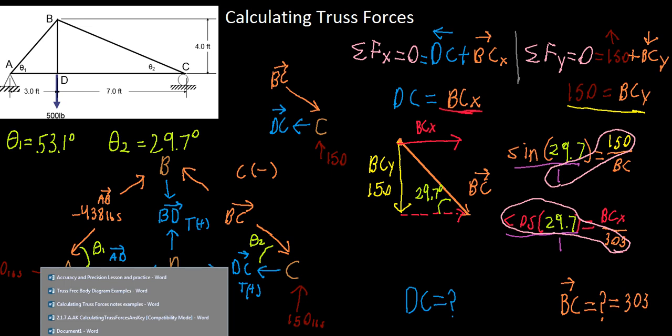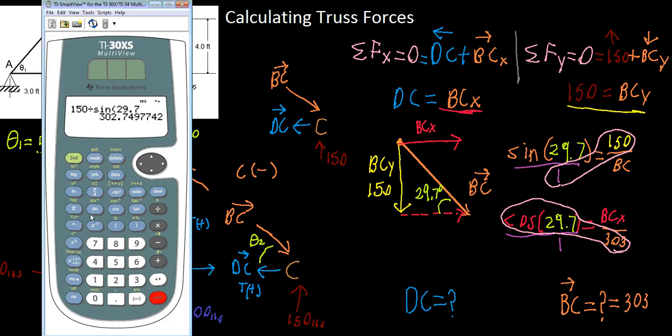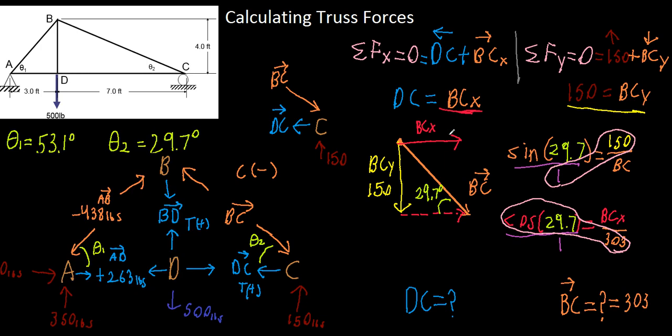So I pull out my calculator and type in 303 times the cosine of 29.7. For our BCX, we get 263. So BCX equals 263. Well, we said earlier that BCX equals DC. So therefore, DC is also equal to 263.